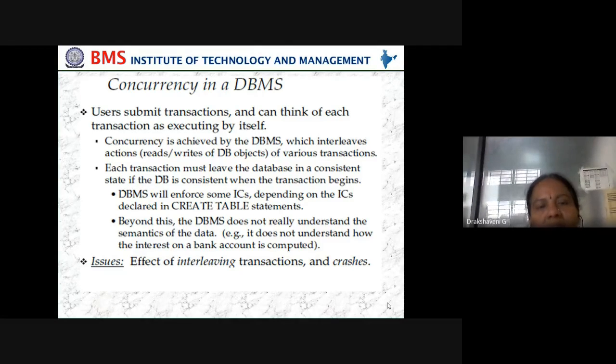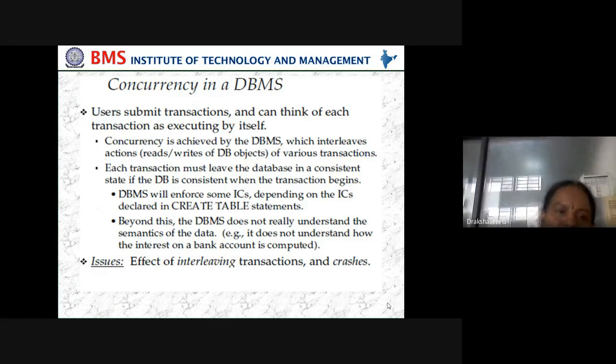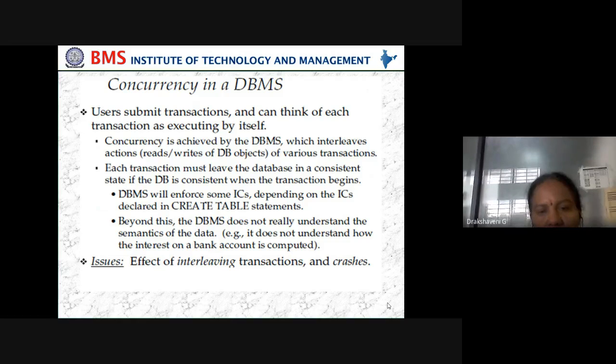users submit transactions and can think of each transaction as executing by itself. Concurrency is achieved by the DBMS, which interleaves actions, read-write of DBMS objects, of various transactions.